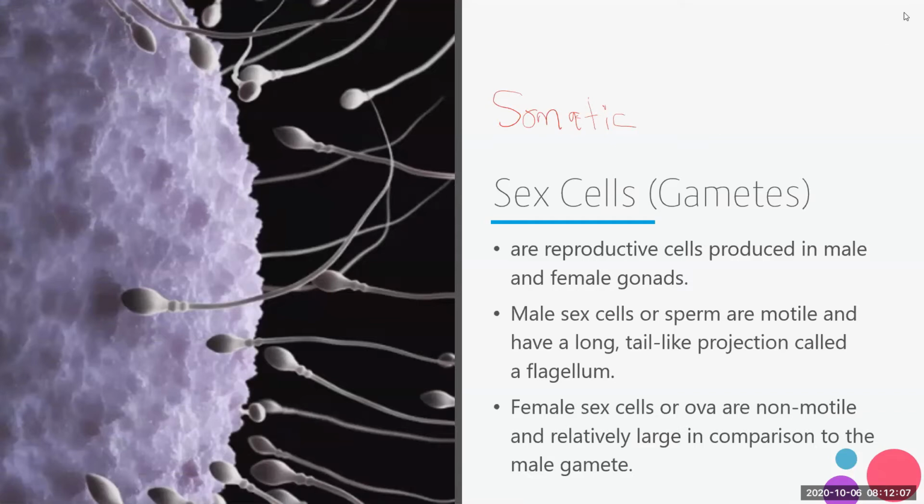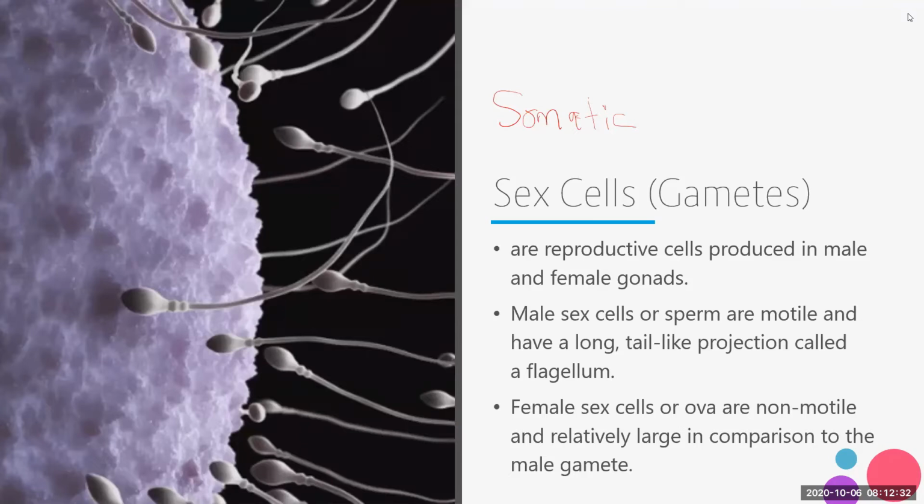These are cells na non-reproductive, which means we cannot use them to create a new organism. So somatic cells, for example, are skin cells, muscle cells, and so those are somatic. While sex cells, we have gametes.